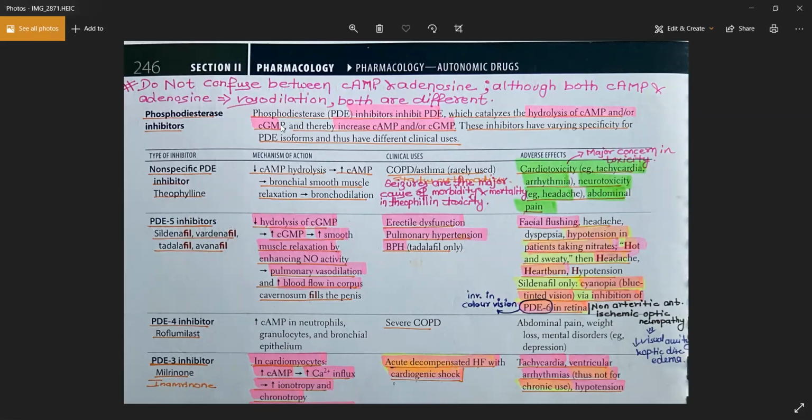So you want the phosphodiesterase inhibitors so that the concentration of the cyclic AMP or cyclic GMP could be increased, and as a result, the respective effects could also be increased, right?